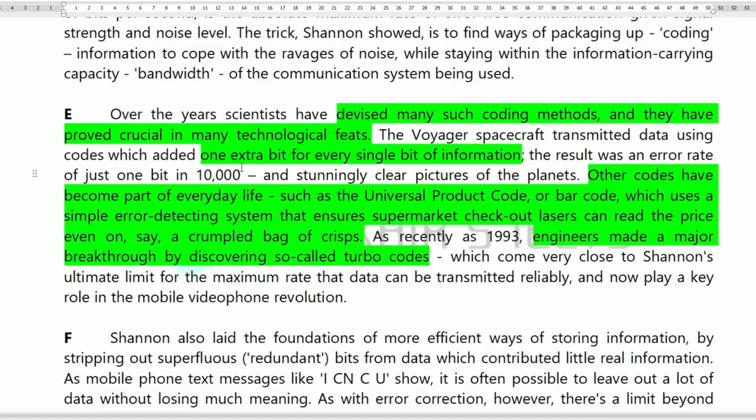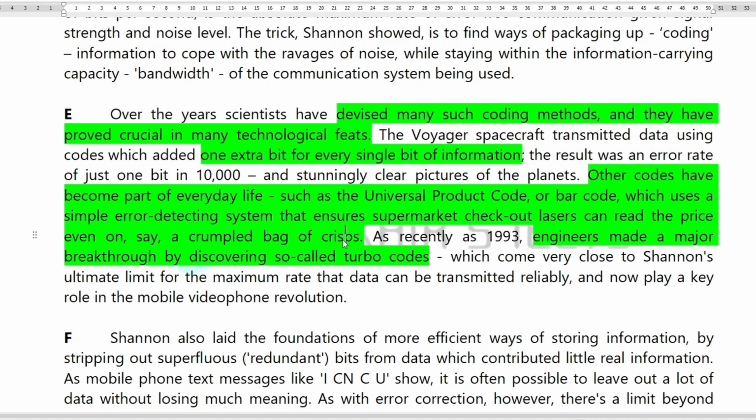So what they're saying here is that they use some sort of code, some sort of computer code. They added one extra bit for every single bit of information. That means, for example, not a crumpled bag, but they added one extra bit for every bit of information.